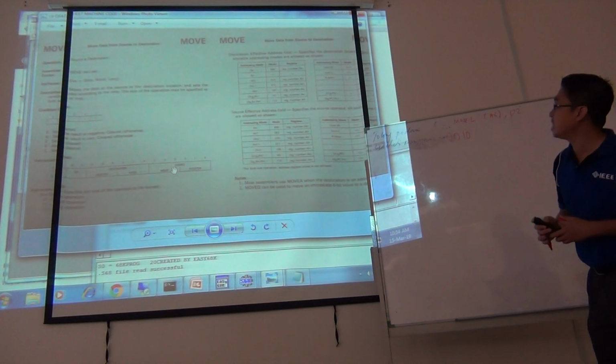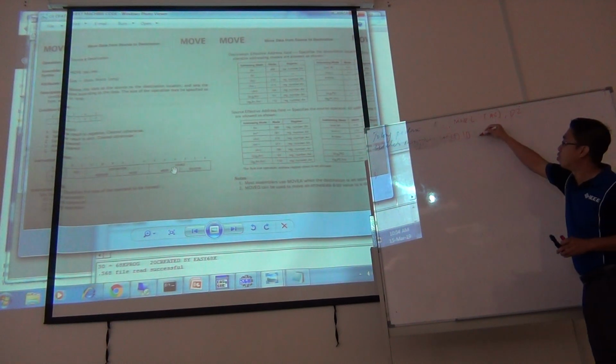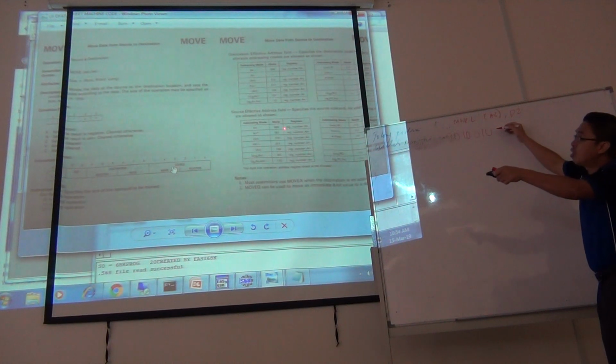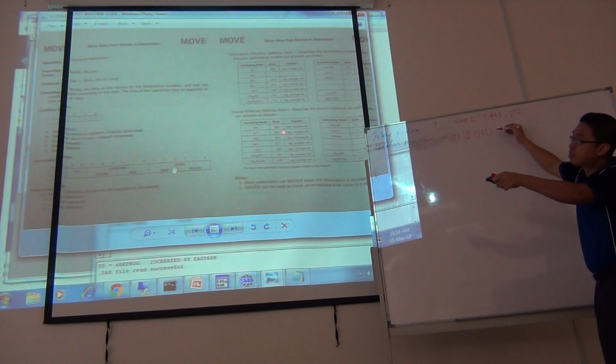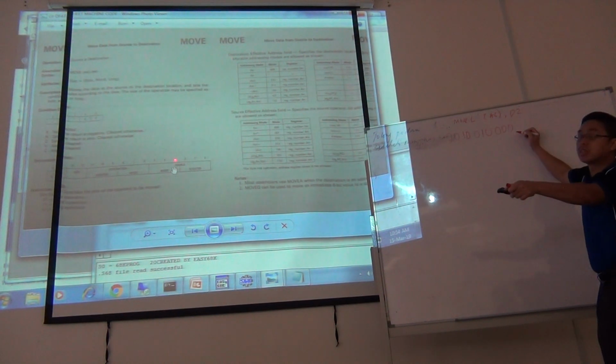And then the destination is D2. Destination, look over here. The first one is the register number. Number 2 is 010. And the mode is 000. Destination 000. Now the source.